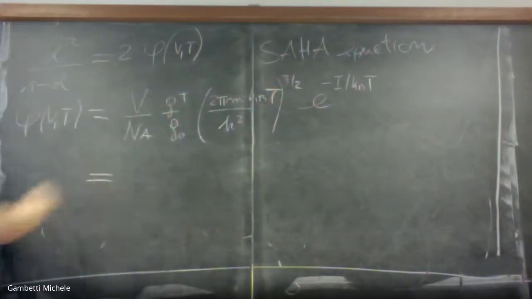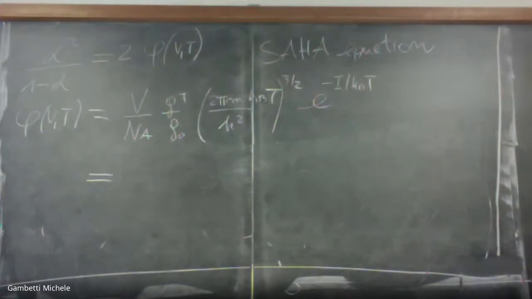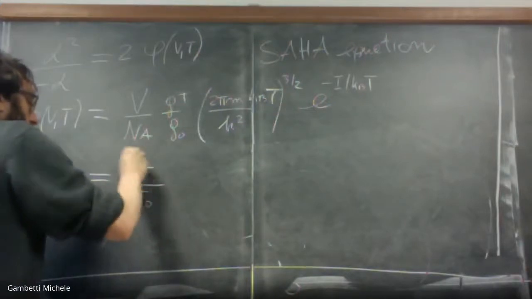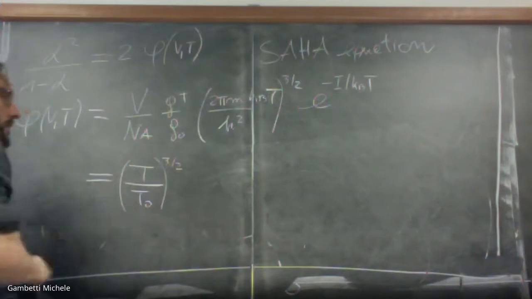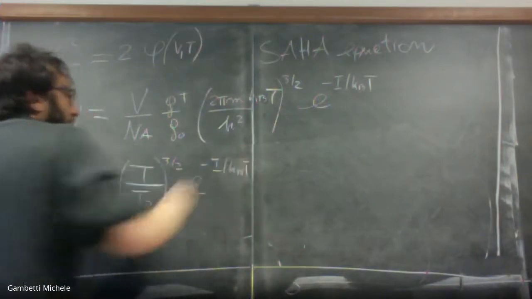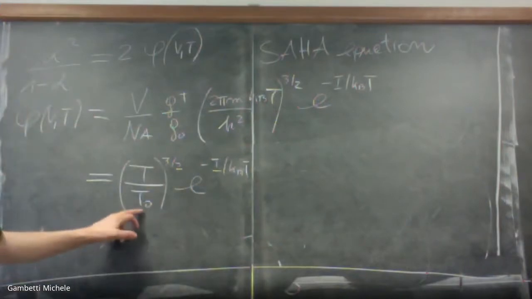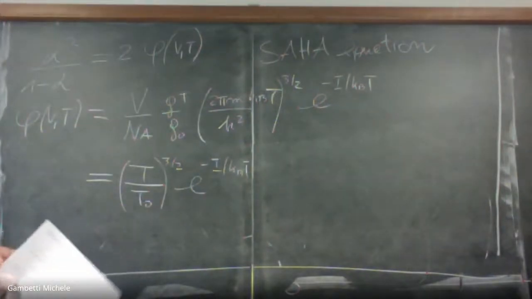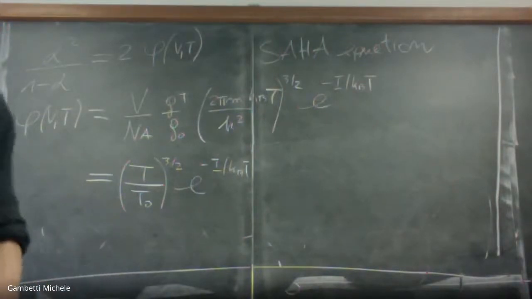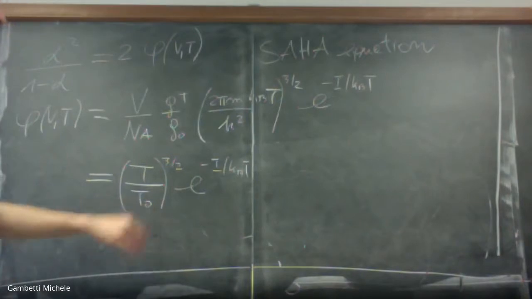So with a little bit of imagination, I can write this function phi in the following way: as T divided by T0 to the power of 3/2, exponential of minus I divided by kBT, where I have introduced a characteristic temperature that of course contains some physics, and we will actually try to compute it.